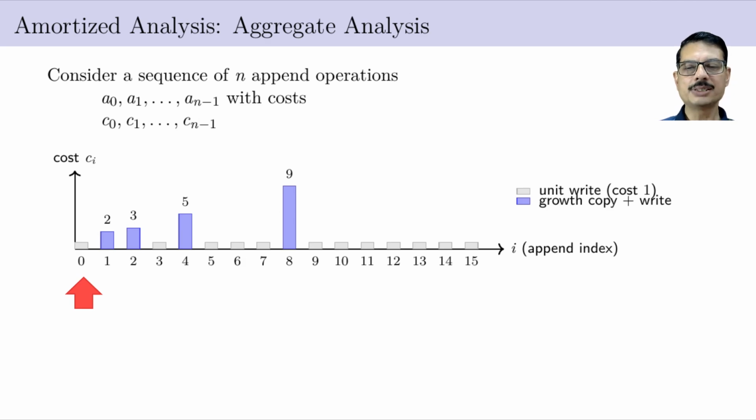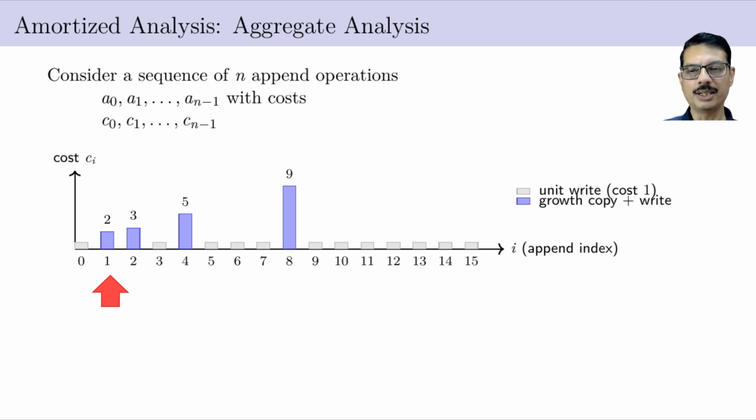When we are adding the first element, which is at index number 0, shown on the x-axis, you are going to simply add it because you would have created an array of capacity 1 in the beginning, which can definitely accommodate the first element. However, when you append the next value, this is going to create an array which is double the size of the previous one.